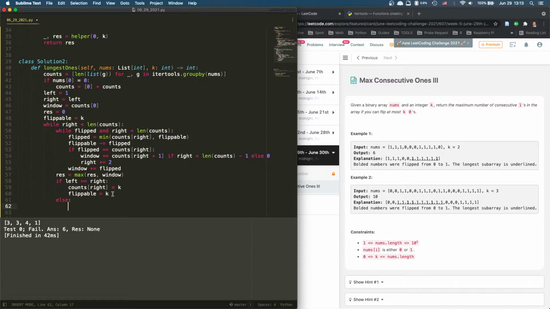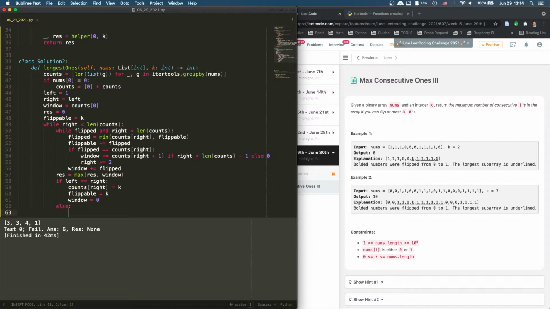We do this, flippable, basically we start over, trying to fit into right. So window shall be 0, because we're redoing it. We fit everybody here, and we cannot fit no more. No, we still have room left. This is basically a reset.